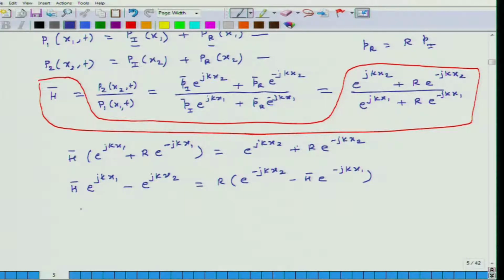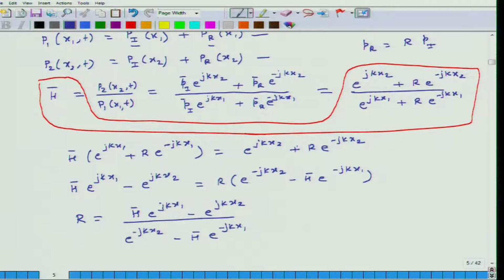And from this you can compute R, and R is H bar e^(jkx1) minus e^(jkx2) divided by e^(-jkx2) minus H bar e^(-jkx1).